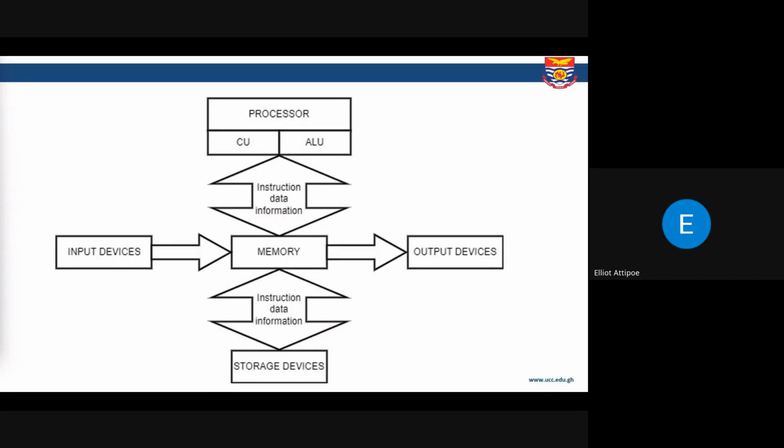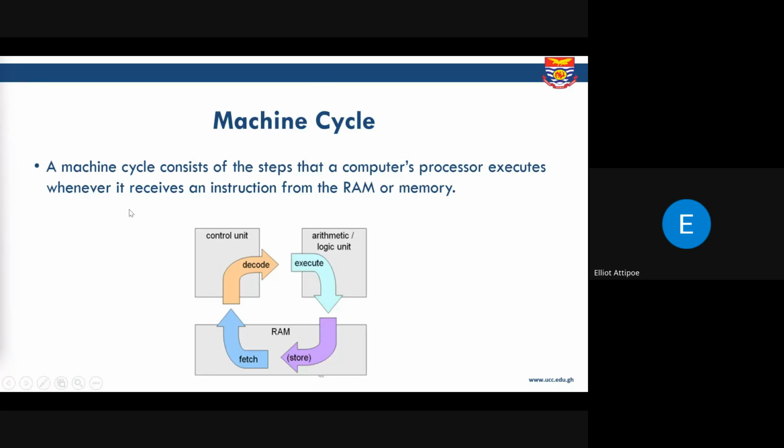Just a second. There's this machine cycle. What I said is just about the same thing. It consists of the steps the CPU actually uses to work. That is a further explanation. The control unit will fetch information from the memory. That's the first thing it does. It fetches and tries to decode to understand what the information is, and then instructs the arithmetic logic unit to execute.